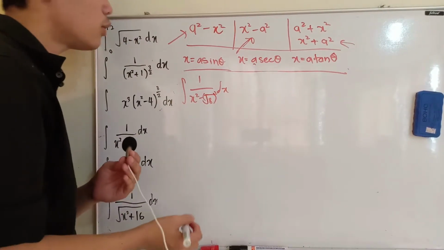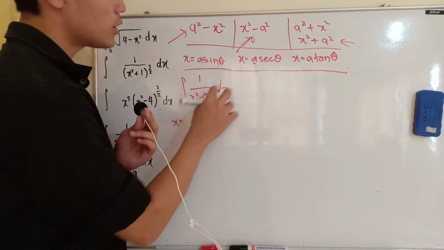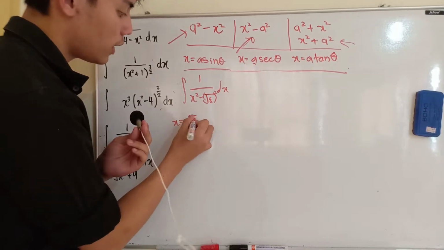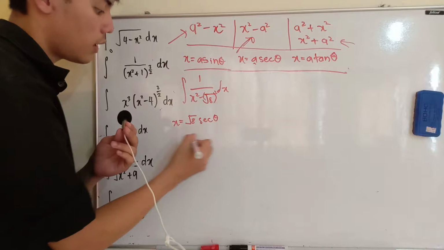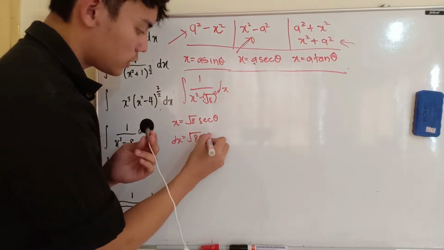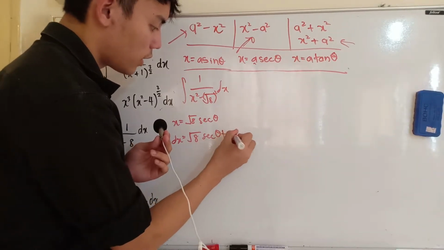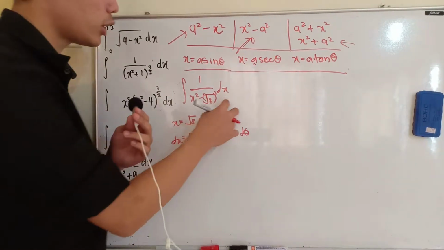Okay, so we let x, when x squared minus the constant, be secant. So here we set x equals 8 secant theta, and then we differentiate it: dx equals 8 secant theta tangent theta d theta. So now I just substitute it.